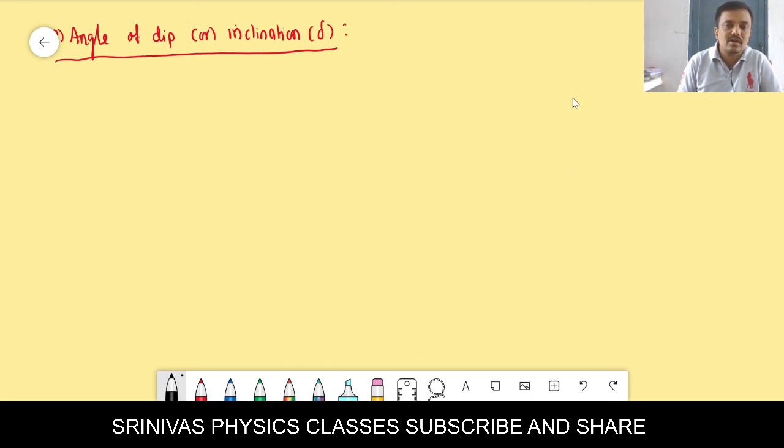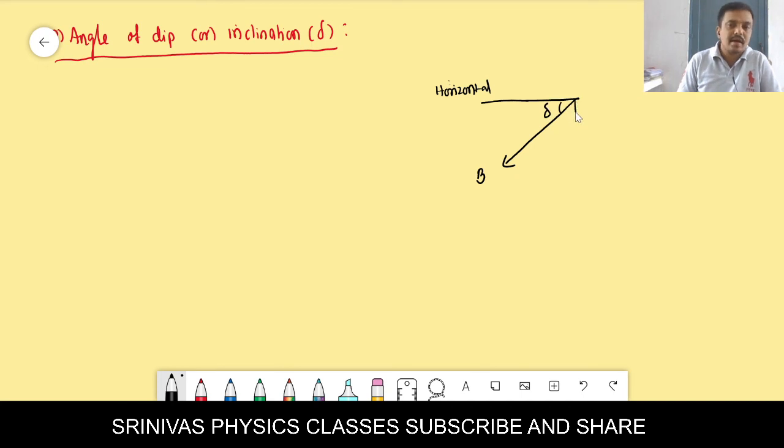That angle is called the angle of dip. This is considered the net earth magnetic field, making some angle with the horizontal. That angle is said to be the angle of dip.